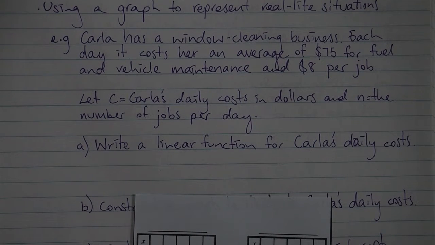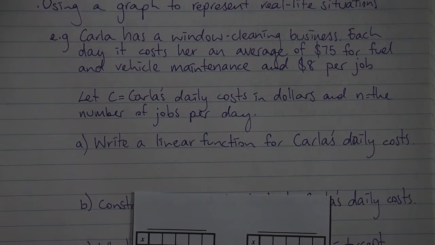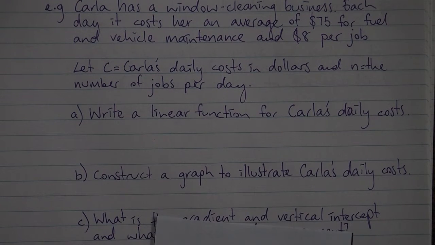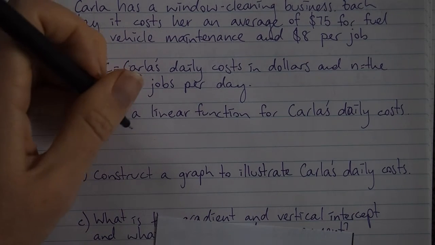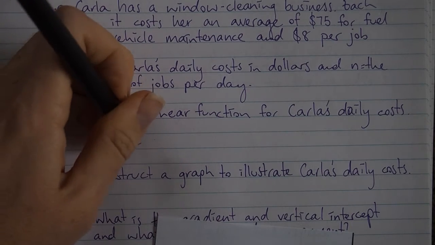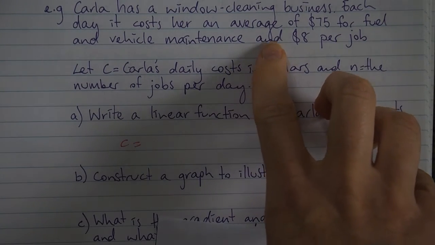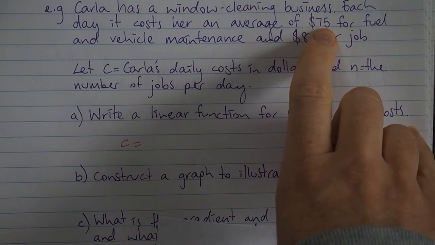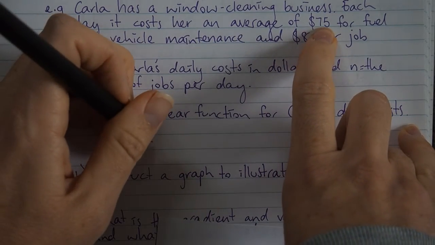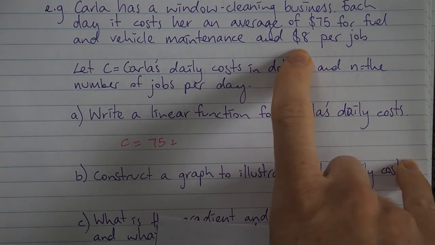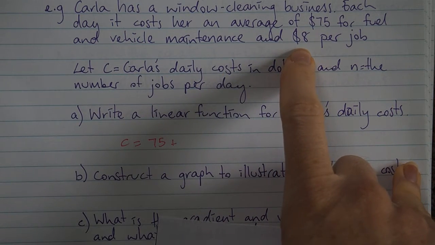So we want to write a linear function for Carla's daily cost. Remember, a linear function is just a really fancy name for an equation. We want to know what her costs are equal to. Each day it costs her $75 for fuel and maintenance, plus it costs her $8 for every job that she does.